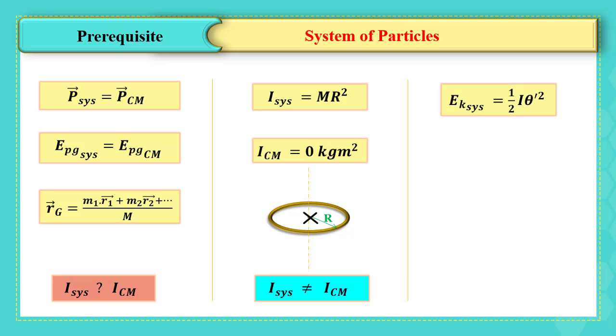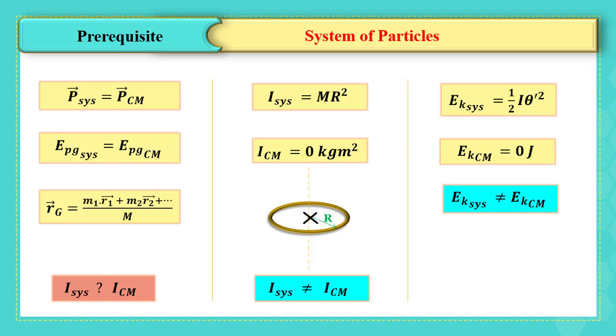So we find that I of the center of mass is not equal to the I of the system of particles. Moreover, the kinetic energy in rotation is given by half I theta prime squared. We noticed that it depends on I. Then the kinetic energy of the system is not equal to the kinetic energy of the center of mass, which is 0.